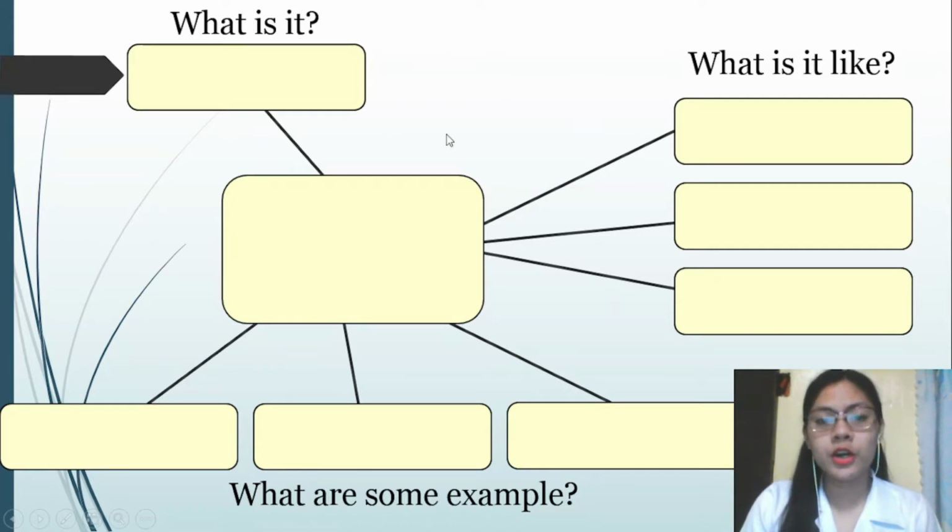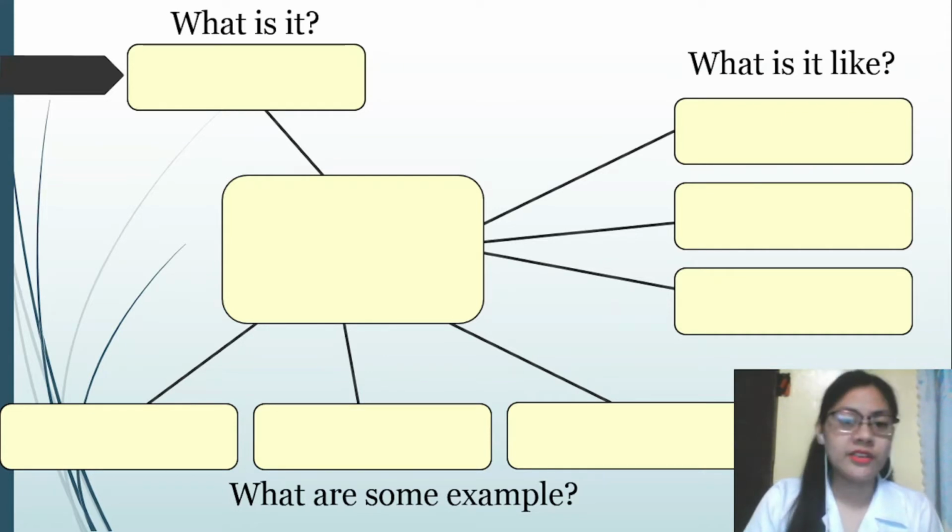At first, we are going to put our vocabulary word here in the central box. And I'm going to ask you, what is it? What is it like? And what are some examples? Are you ready to answer some of our vocabulary words?